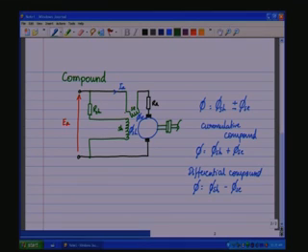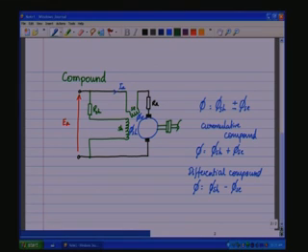So, even under those conditions, you will have the flux contributed by the series much smaller than the shunt field flux, and therefore, under no load conditions, it will act like a shunt machine. And therefore, under no load startup condition, where the series motor would run away, in this case it would be like a shunt machine, and therefore, there won't be the possibility of runaway under such conditions.